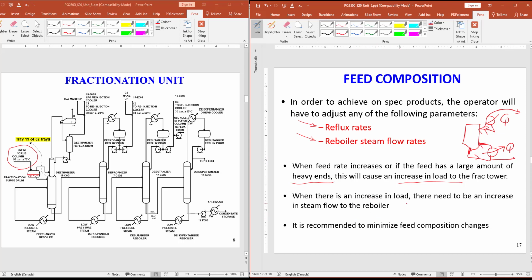So when there is an increase in the load, it means we need more cooling water at the top and more steam in the reboiler. So it is highly recommended to avoid any change in the feed composition, because any change can really affect the whole process, the whole unit. We have to try to avoid any possible change.